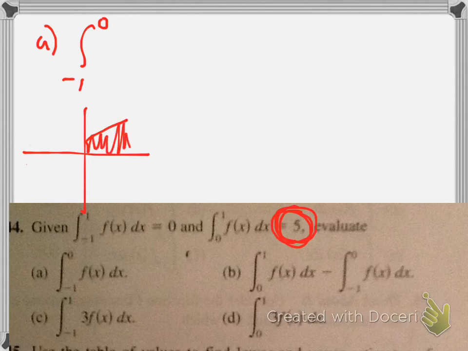From 0 to 1 is 5. -1 to 1 is 0. So that means the area over here has to be negative 5 because the whole thing is 0. If the right side is 5, the left side is negative 5.